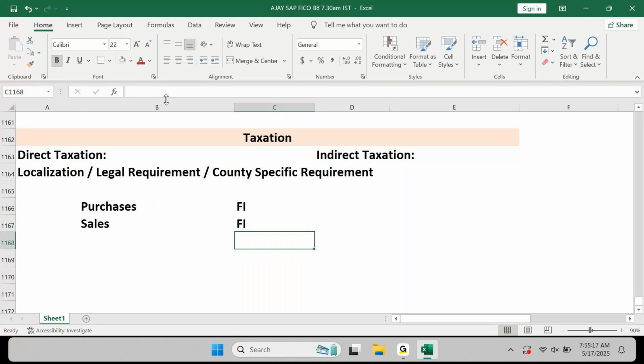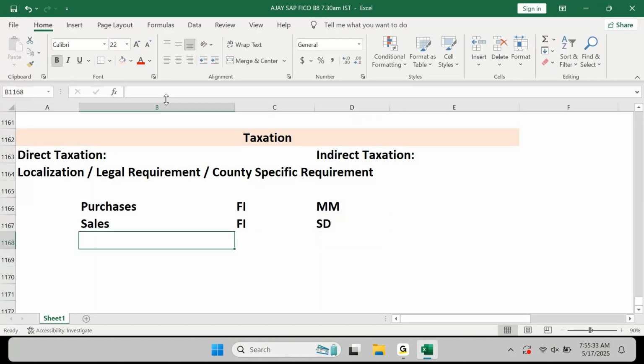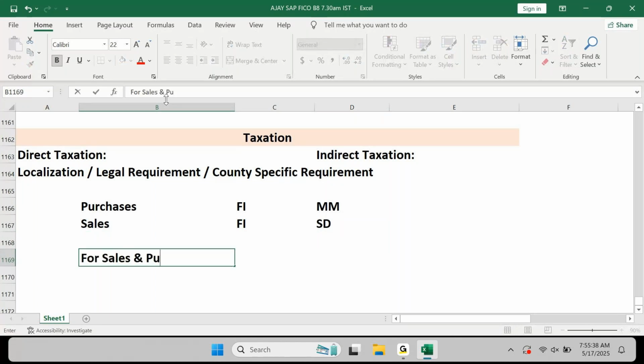Yes, sir, in tax. In purchases, other than the FI consultant, which module consultant will come into the picture? MM. In sales? SD.